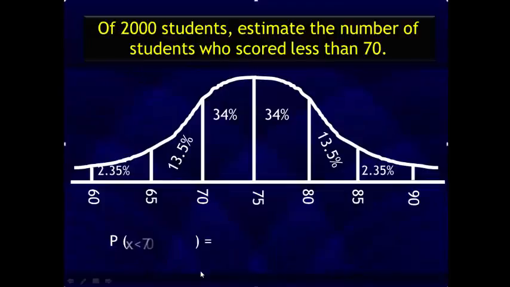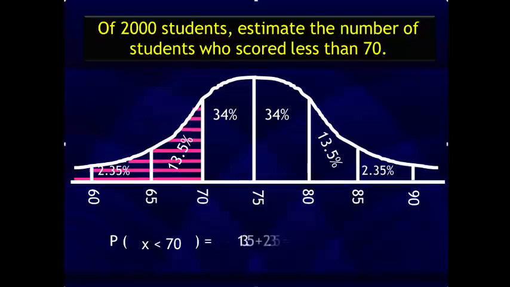How about this problem? Of 2,000 students, estimate the number of students who scored less than 70. Less than 70. Okay, there is the area. That is 13.5% plus 2.35%, which is equal to 15.85%.